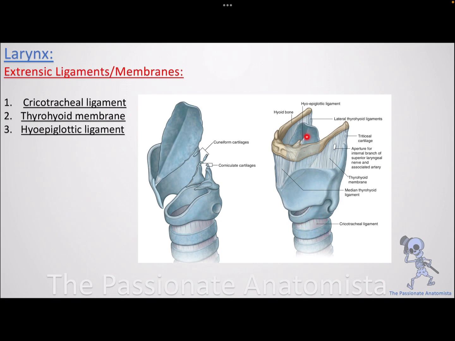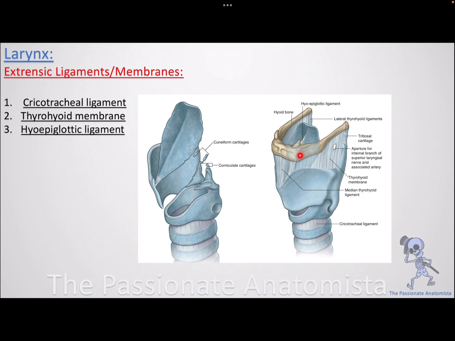Now, I have another important cartilage, and that cartilage is kind of flying out there, and it needs to be fixed because it comes on top and it keeps on moving. So the ligament that's going to fix the epiglottis to the surroundings is going to be called the hyoepiglottic ligament.